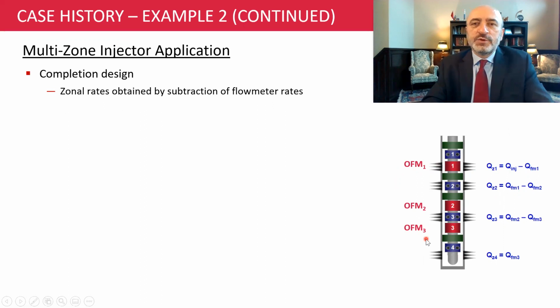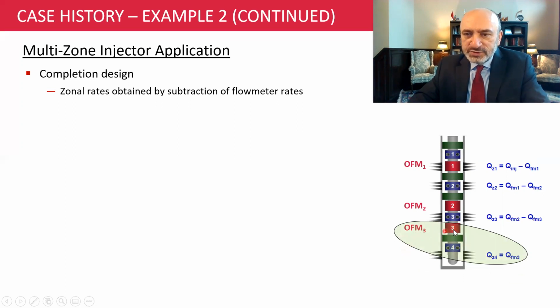So in general, the optical flow meters measure the total flow rate going through the pipe. So in this case, it will be measuring the commingled injection rates to zones below the optical flow meter. So let's go through this step by step.